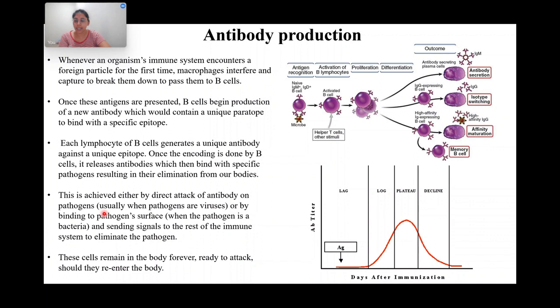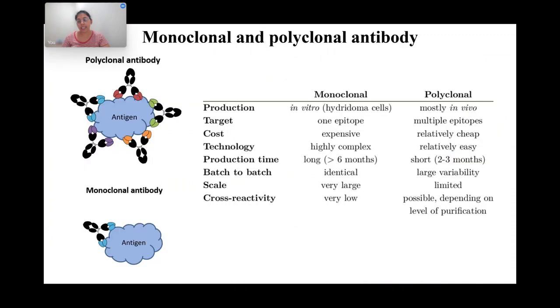Now, antibodies are classified on the basis of how many antigens they bind and the type of antigen they bind. On that basis they are classified into monoclonal and polyclonal antibodies. As the names say, mono means one, poly means several, and clonal means the type.